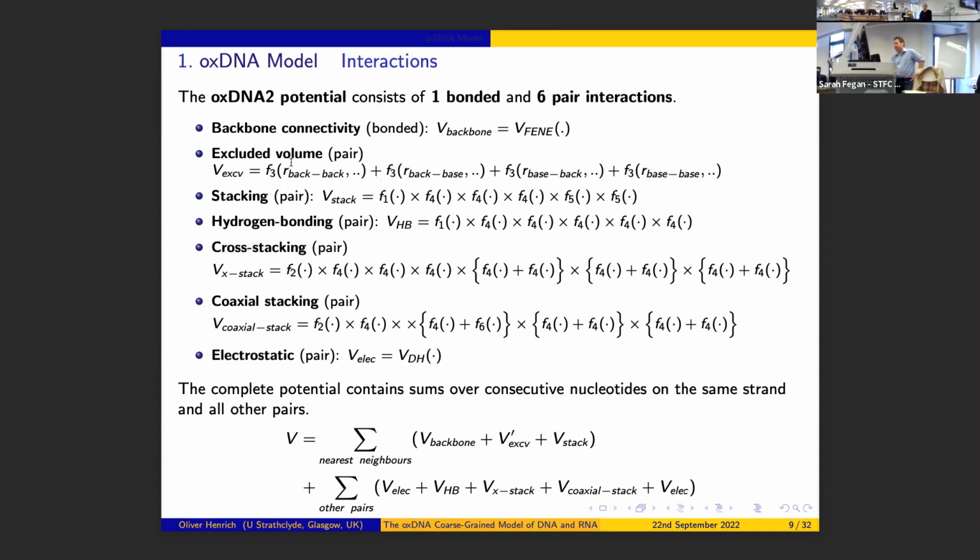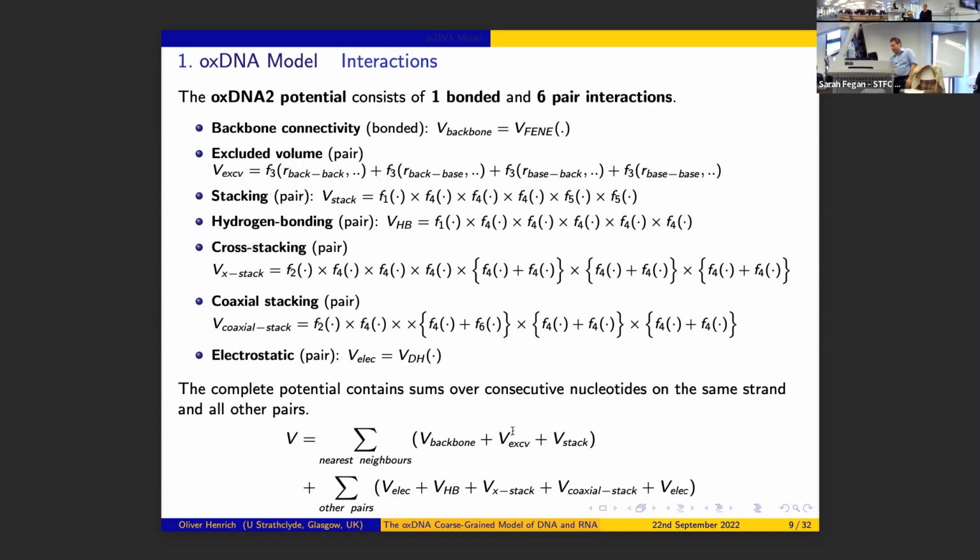Unless you are on the same strand, then you probably don't want this one here, the term between the backbone interaction sites. Why? Well, the distance in the backbone connectivity should not be controlled by the excluded volume, it should be controlled solely by the FENE backbone interaction. So you omit this term when you're on the same strand.